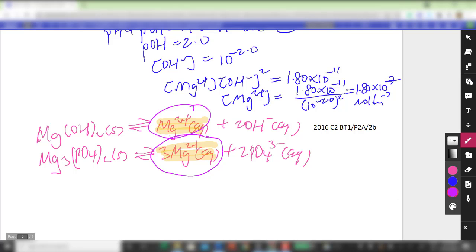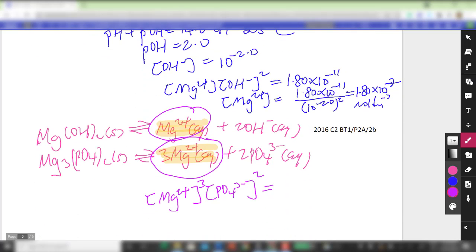With that, we're going to write out the KSP for magnesium phosphate. That will be Mg2+ cubed and PO4 3- squared, and this will be equal to 1.01 times 10 to the power of minus 25.